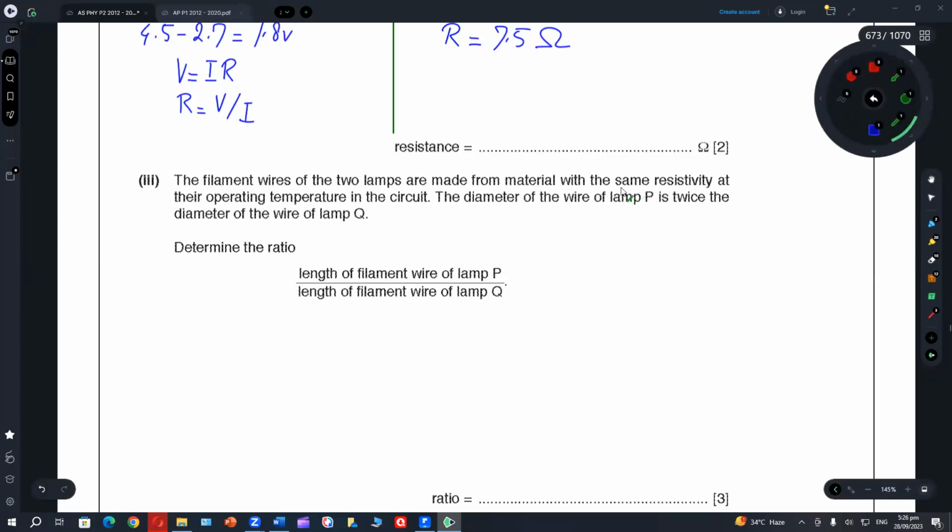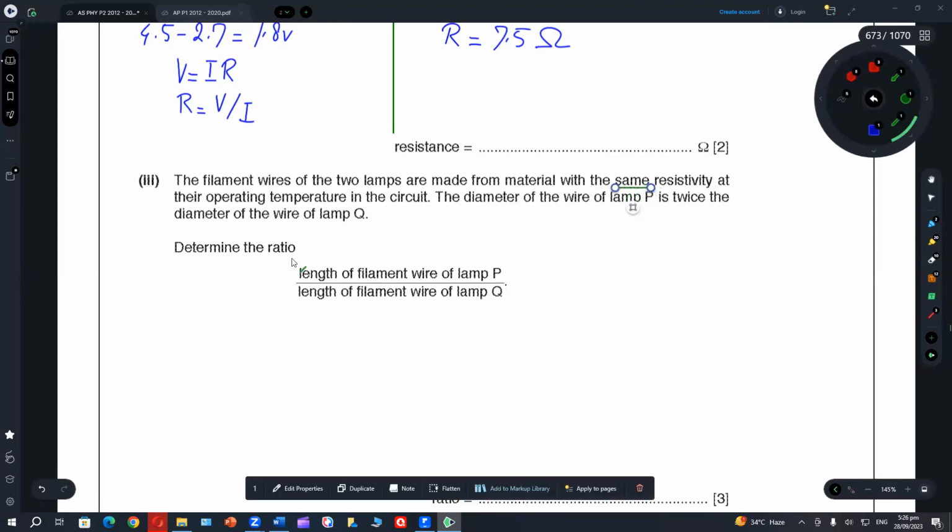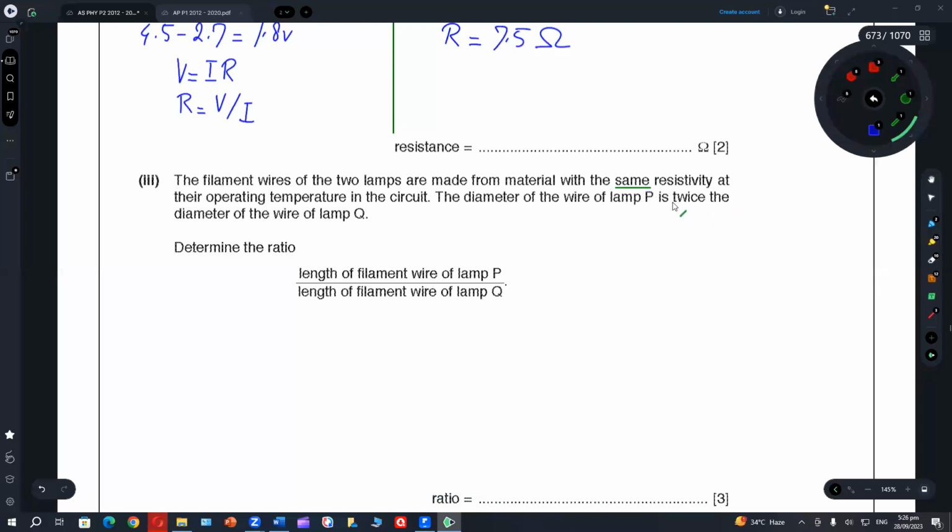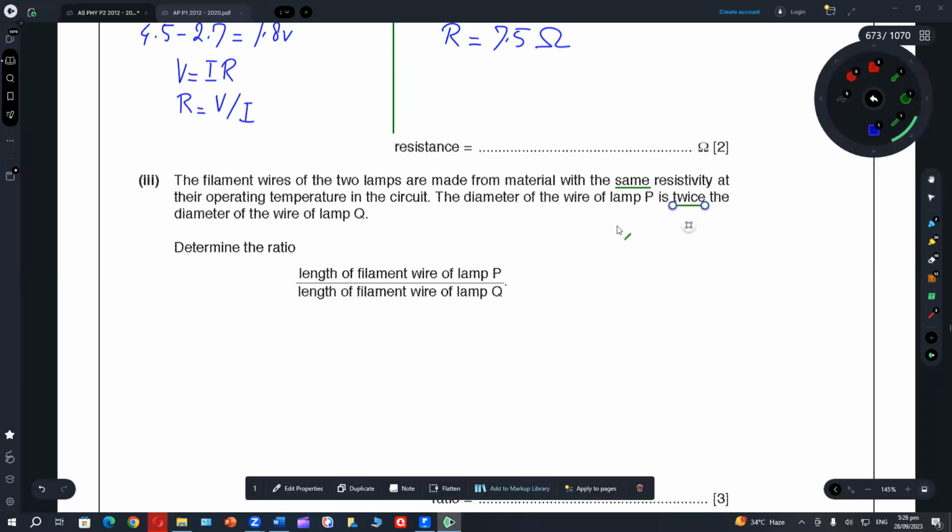Resistivity is the same at their operating temperature in the circuit. The diameter of the wire of lamp P is twice the diameter of the wire of lamp Q.